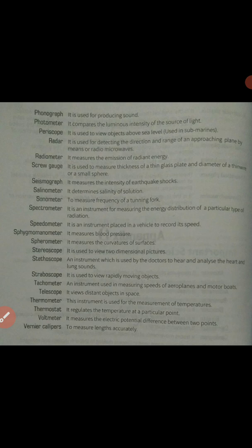Then salinometer. Salinometer is an instrument which is used to determine the salinity of solution. Actually, if we have a solution and that is saline in nature, saline means there is some salt, then we can detect how much salt is present in that solution.